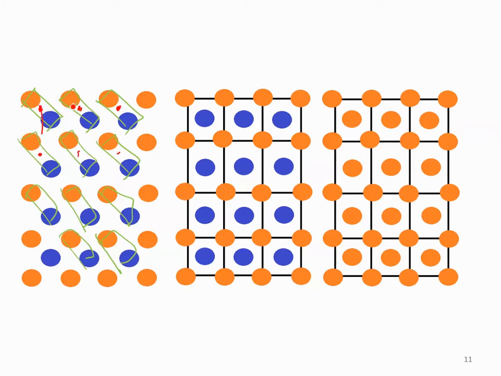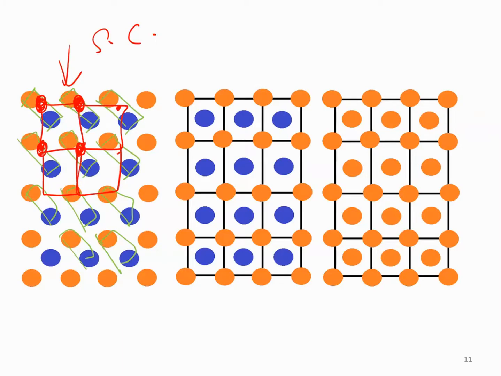So when I join all the lattice points, it looks like this. This is one lattice point, another lattice point, another lattice point. So it is a simple cubic structure.